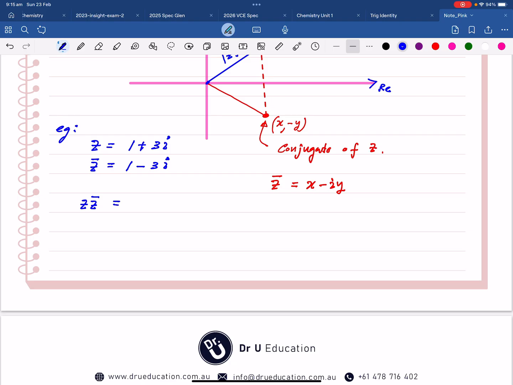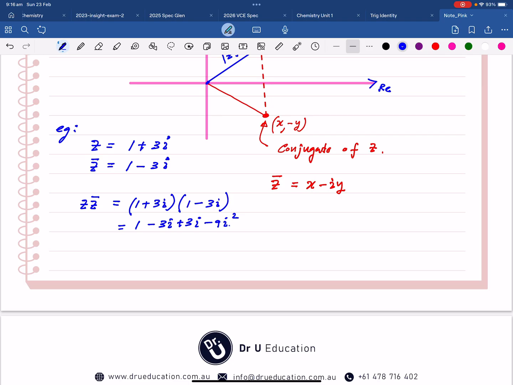For z z bar, I'm just multiplying these two. When I multiply these together, it's going to be 1 plus 3i and here 1 minus 3i. So if you do that, you can see 1 times 1 is 1. It's going to be minus 3i. It's going to be plus 3i. And then minus 9i squared, right?